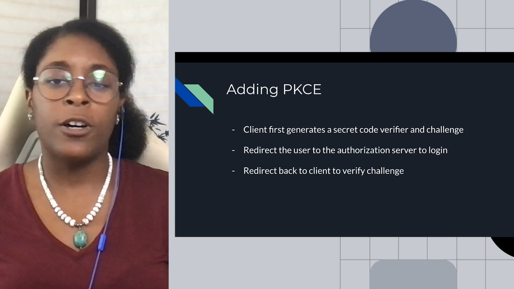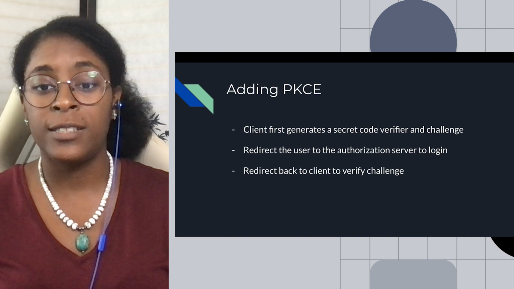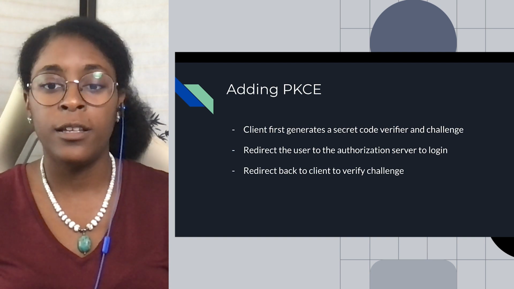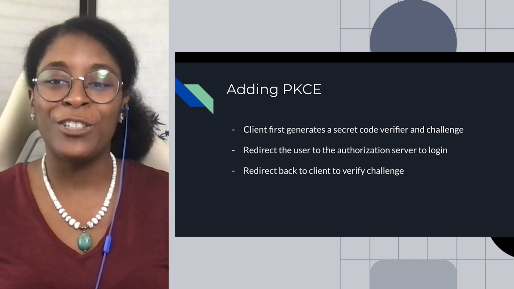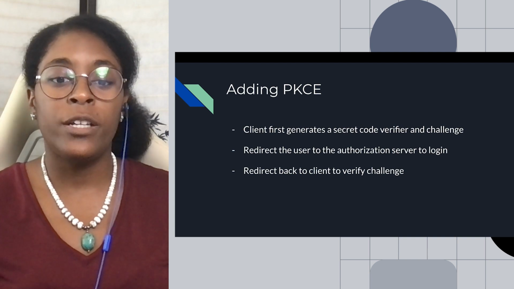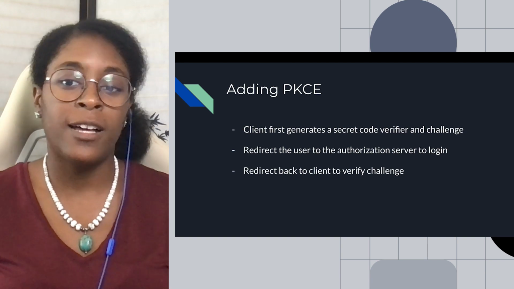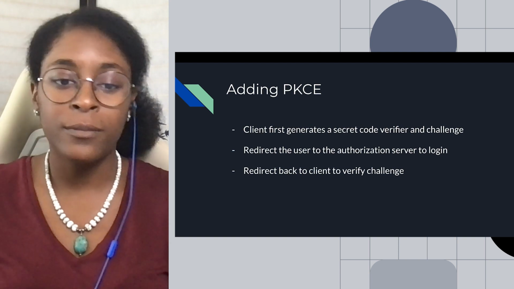So this is where that OIDC protocol comes in, and it's how we determine that this is the exact same user and the auth code hasn't been hijacked. We're good to go because we can validate that the challenge we're returning back to the client is the same as the challenge that was generated by the client.